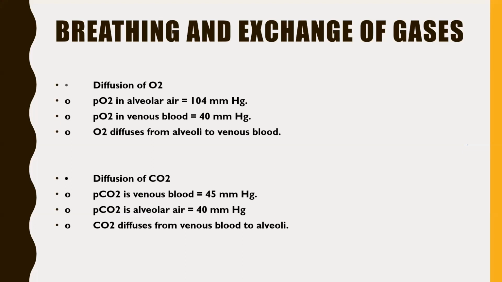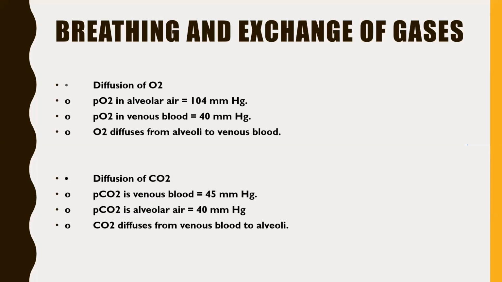Then oxygen diffuses from alveoli to venous blood. So ಇಲ್ಲಿ ಏನಾಗಿದೆ, 104 mmHg ಎಲ್ಲಿದೆ, alveoli, that is air bags ಅಲ್ಲಿ ಇದೆ. Blood ಅಲ್ಲಿ ಎಷ್ಟಿದೆ, 40 mmHg ಇದೆ. So it will go from higher to lower. Like that, the oxygen will go from alveoli to the venous blood ಗೆ ಹೋಗುತ್ತೆ.